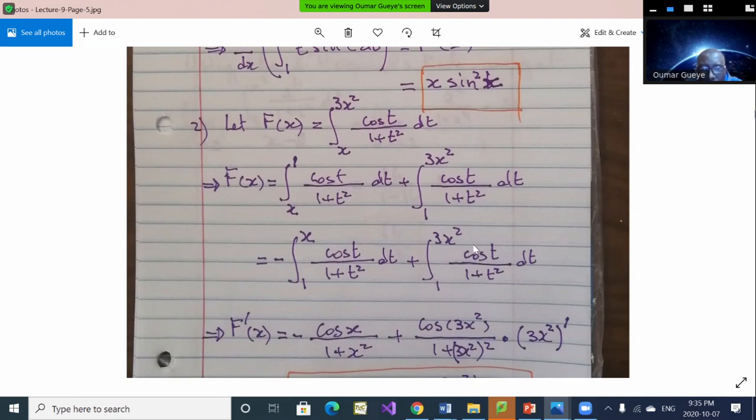But for the second term, it's a little bit different because I don't have X here. I have a function. So it means my function depends on X, and this function depends on X squared. It means it's like a composite function. And for a composite function, you have to use the chain rule. And for the chain rule, I'm going to apply first what the theorem says, the second FTC.